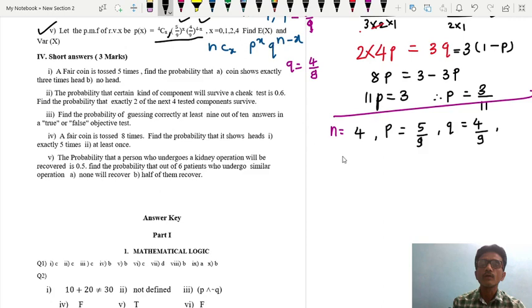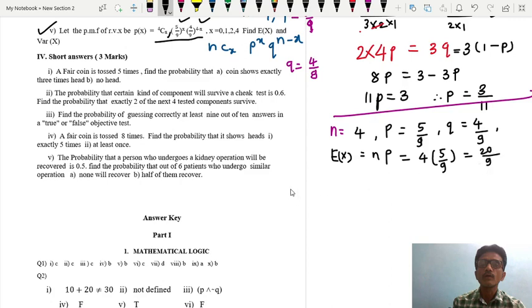What is Ex here? Ex is given by np. So np मतलब 4 into 5/9, which is 20/9.